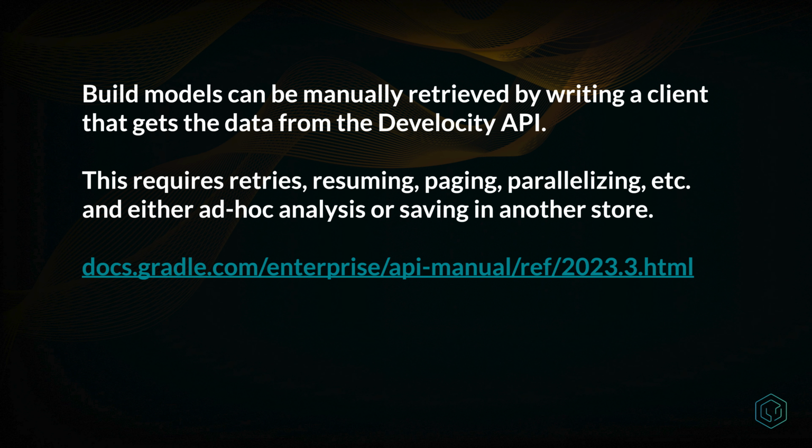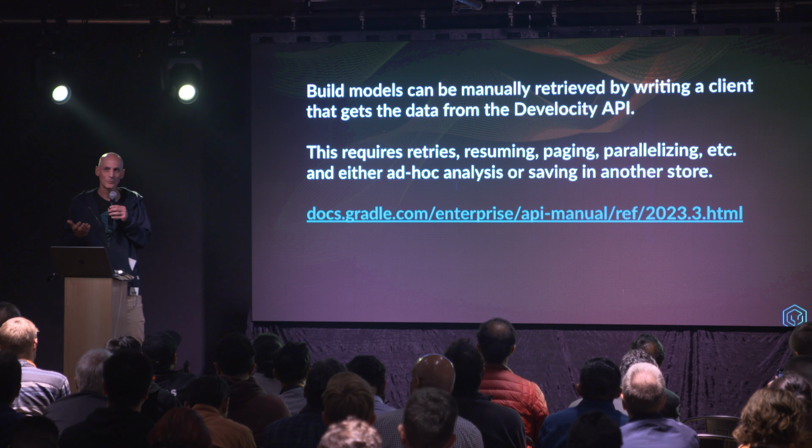So there are two ways you can get those build models out of the system with Develocity. One is you write your own client, right? And you use the API that we offer, and you get the data out this way, right? This works well. Many customers are using that approach, but it means you have to do a bit of work, right? You have to deal with retries if connections fail or time out.